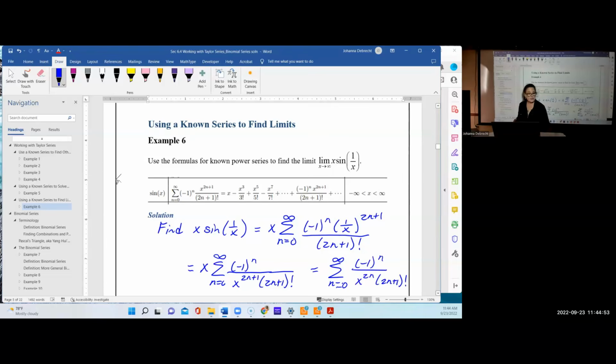Okay, so I have this expression, and what I want to do now is use that Maclaurin series in the limit. So I'm going to go ahead and write out what it is.